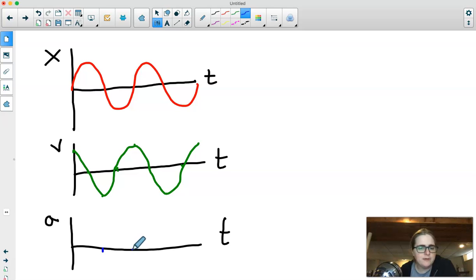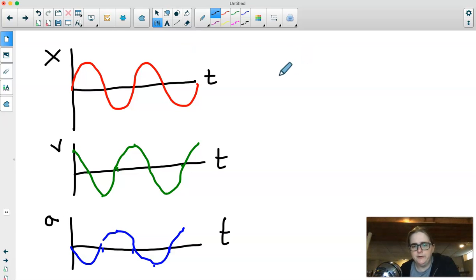I'm starting by just making marks where the zeros are, and then I make marks where I've got a large negative or a large positive, and then I'm going to connect the dots. And really, just about any graph you're going to be asked to make for an oscillating particle on a spring or a pendulum is going to be a nice sine wave.